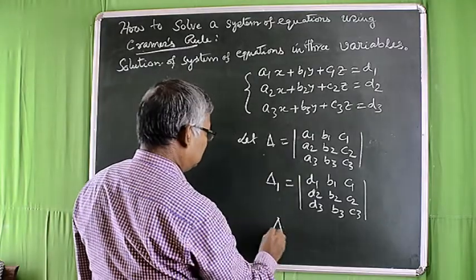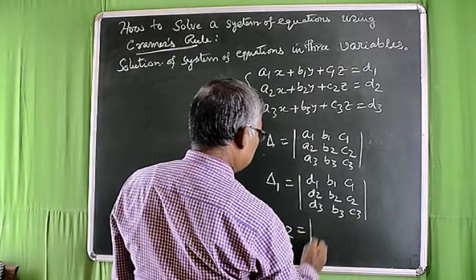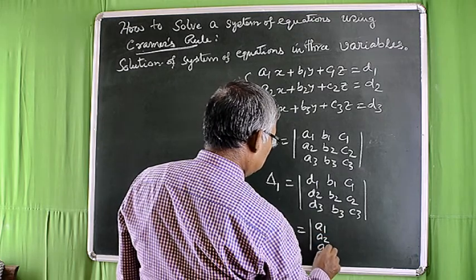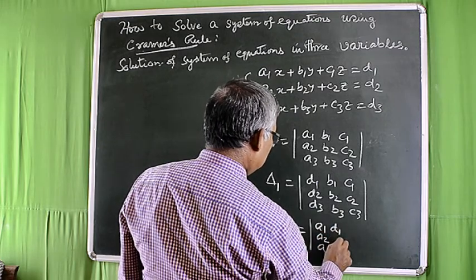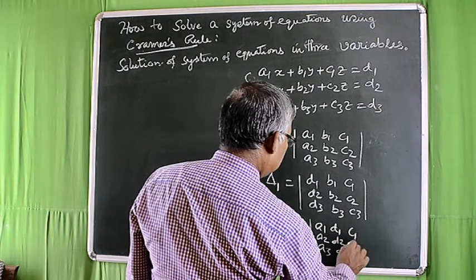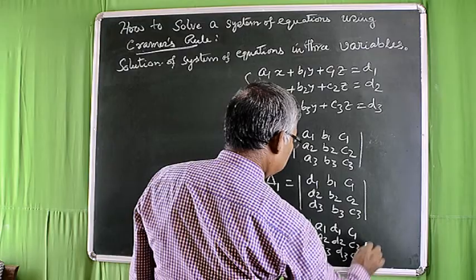Similarly, del 2 equal to the determinant a1, a2, a3, d1, d2, d3, c1, c2, c3.